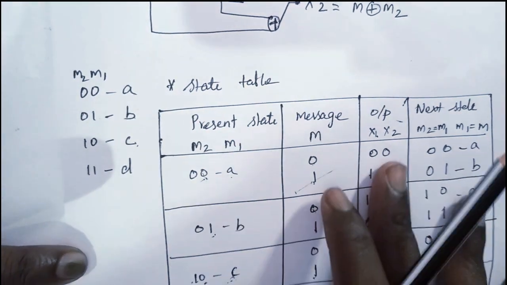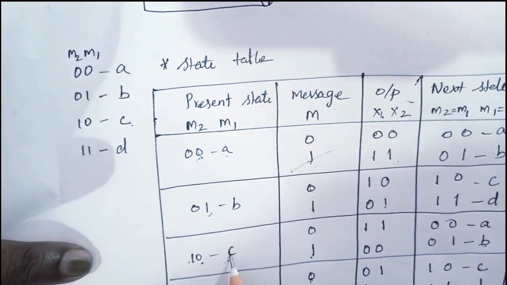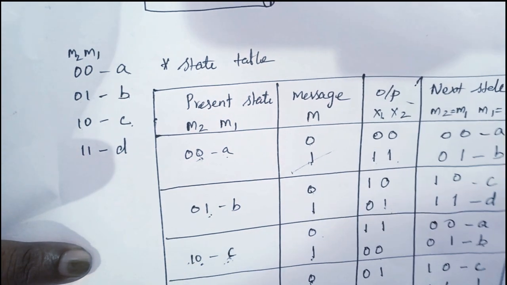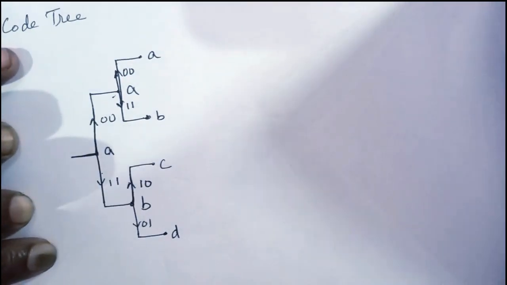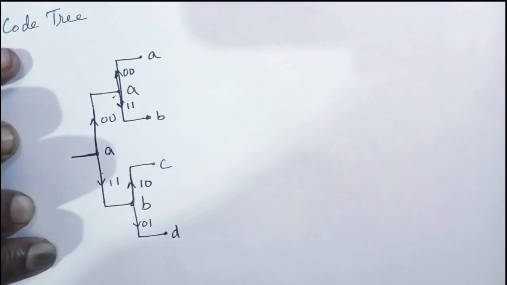Okay, what about the third state? From C it goes to A and B, and from D it goes to C and D. We're going to continue in that way, 1 or 2 more steps.